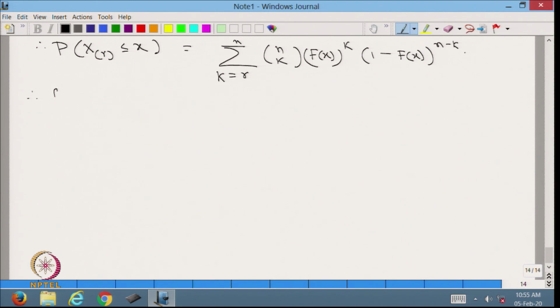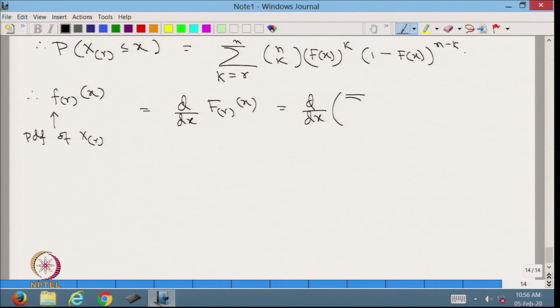Therefore, f r x, that is the PDF of x r, is equal to d dx of F r x, which is equal to d dx of sigma k is equal to r to n, n c k F(x) to the power k, (1 minus F(x)) to the power n minus k.